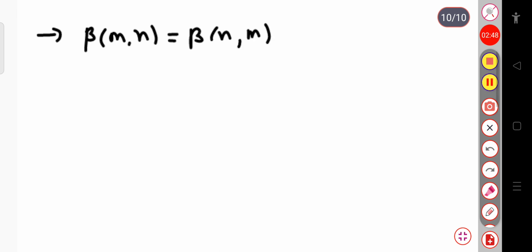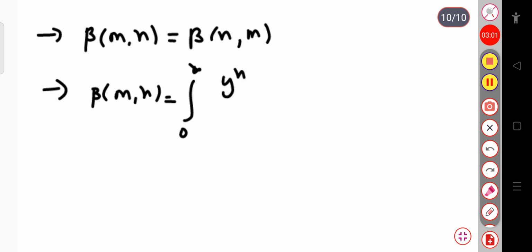And if you discuss the transformation of the beta function, then this beta m, n can be written as equal to the integration from 0 to infinity of y power n minus 1 into dy divided by (1 plus y) whole power m plus n.